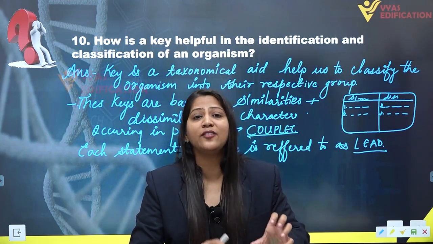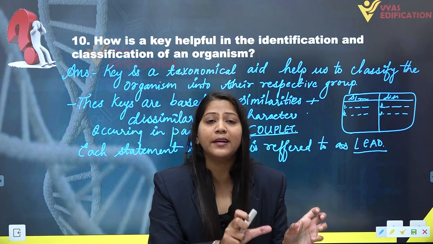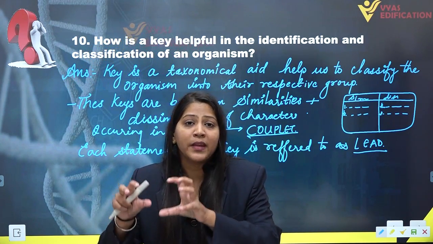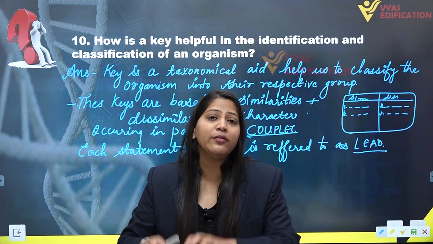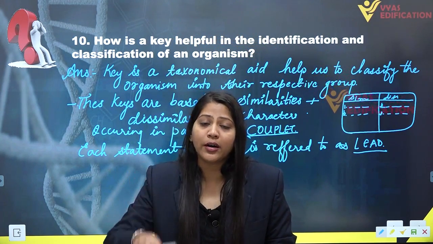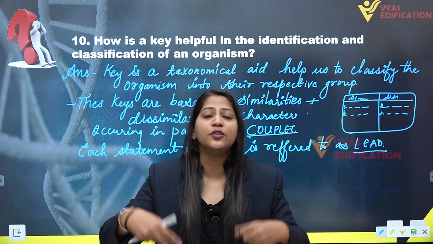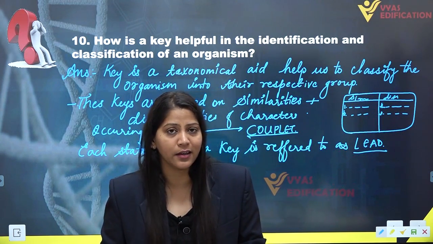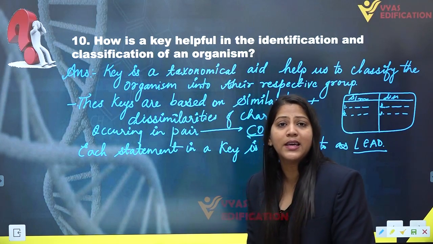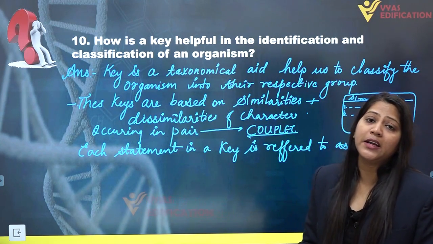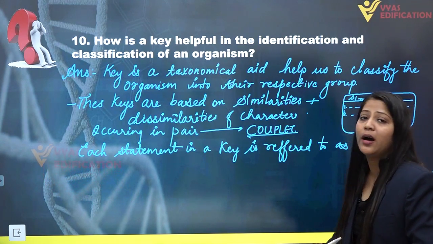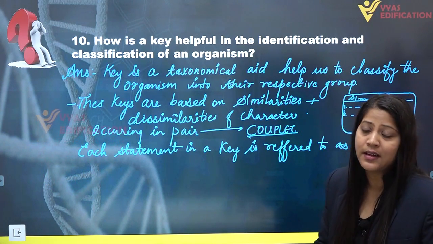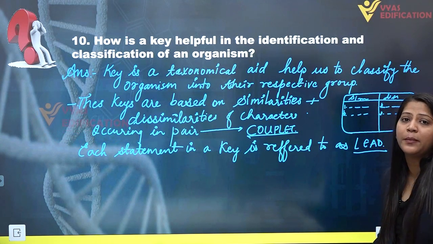We will match the similarities and dissimilarities to the newly discovered organism, and accordingly classify it into its respective category. So this is how a key can be useful to identify an unknown organism as well as to classify different ranks. This is the complete answer of question number 10.